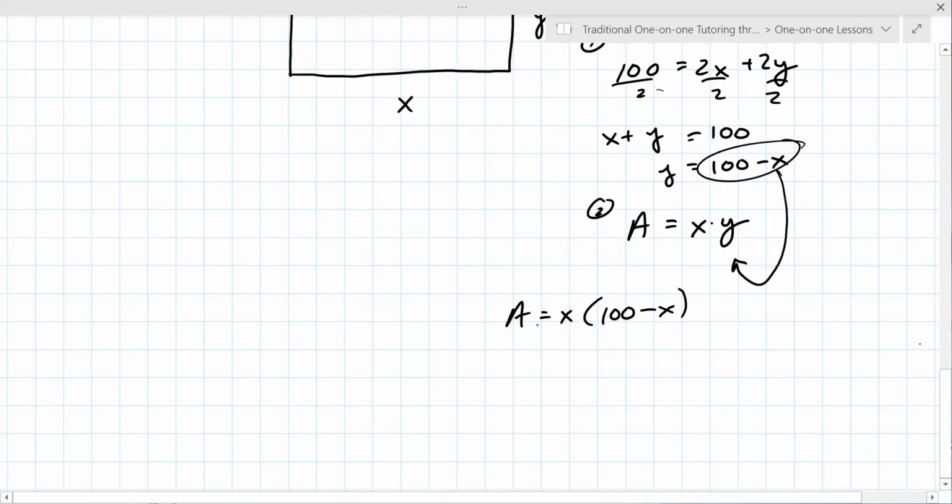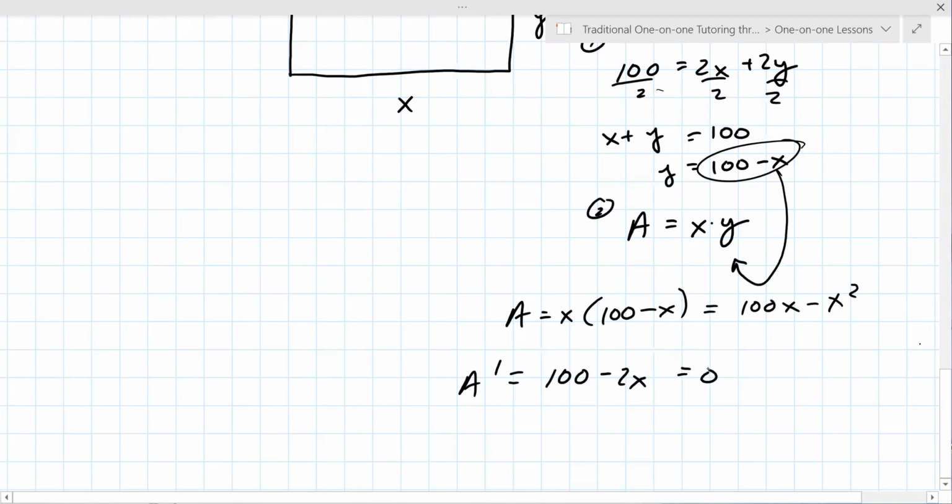So you know you're ready to take your derivative, but the way this is written, your derivative would be product rule. Do you see that? It'd be first times second, yeah. But you can actually multiply out. It's 50x minus x squared, and then the derivative is just power rule. 50 minus 2x.